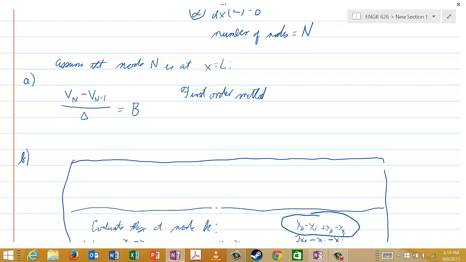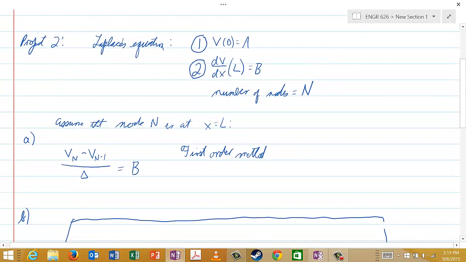It's only when we get to more complicated functions that these formulas for the derivatives begin to have some error. So when you do Project 2, parts A and B for Laplace's equation, you should get excellent agreement with the analytical solution.